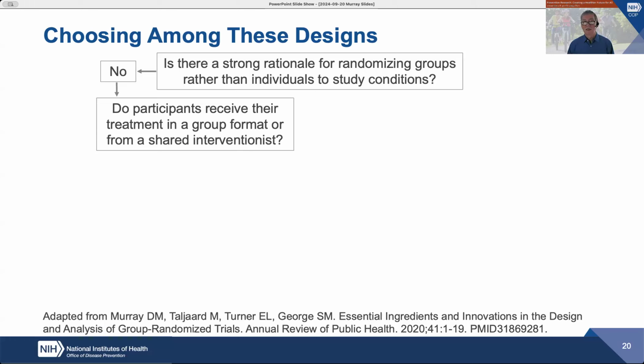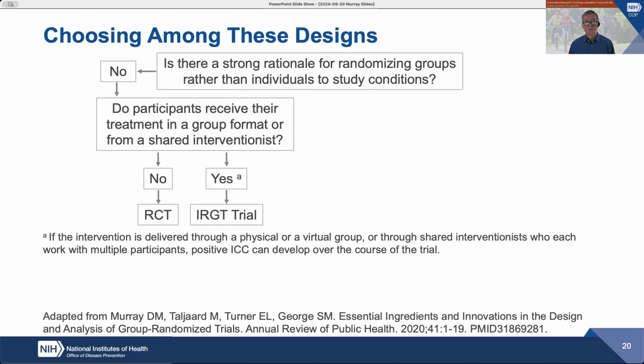Do participants receive their treatment in a group format or from a shared intervention agent? And if the answer is no, you've got an RCT. Congratulations, it's the easiest design to implement, probably the least expensive and smallest, and carries the fewest problems. So I always recommend using an RCT design if that is possible.